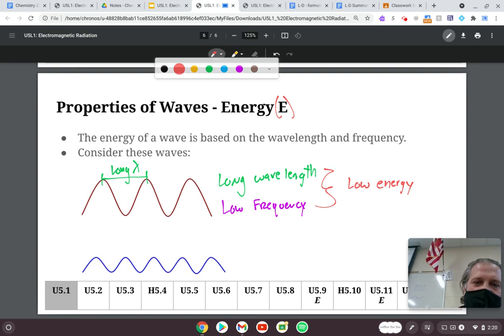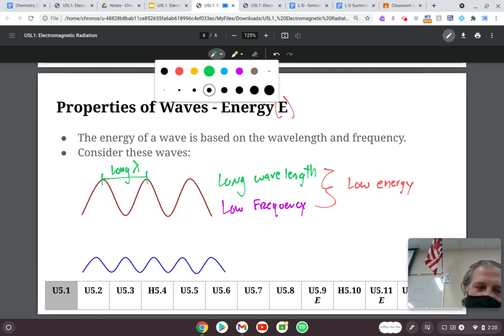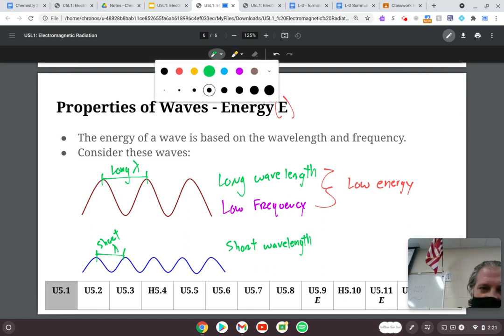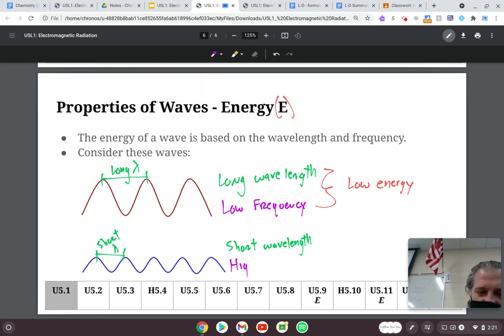Now, in the bottom wave, comparatively, I have a short wavelength. I can predict then that I have a high frequency.